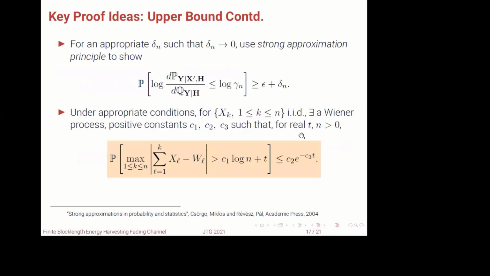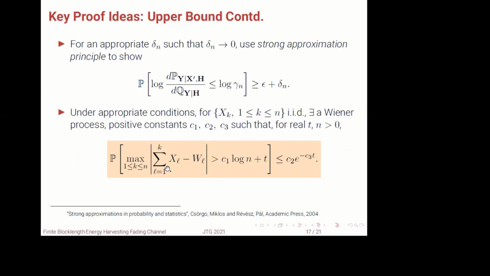To analyze that term, we use what is known as the strong approximation principle. It is an invariance principle, and it basically is a refinement of the central limit theorem.